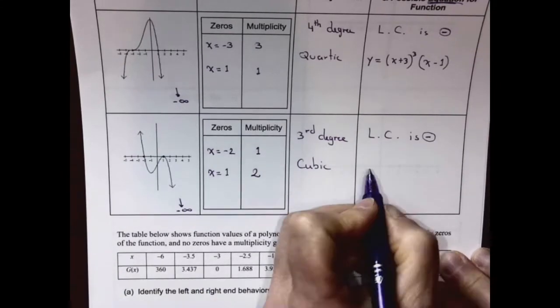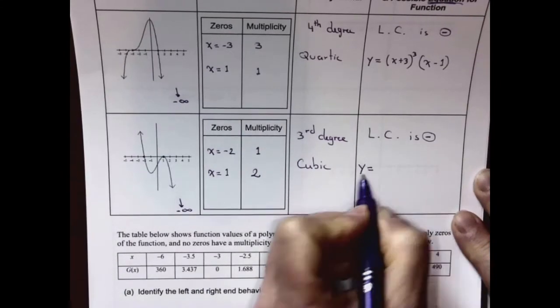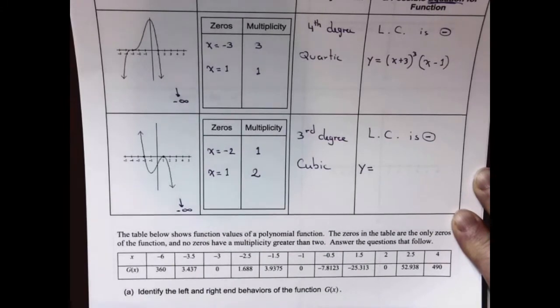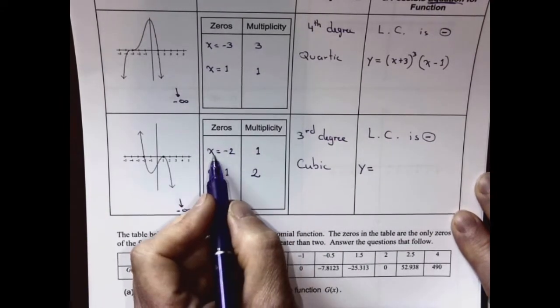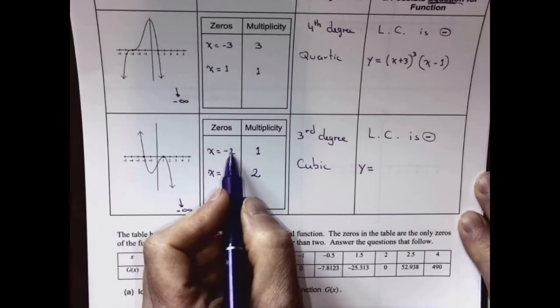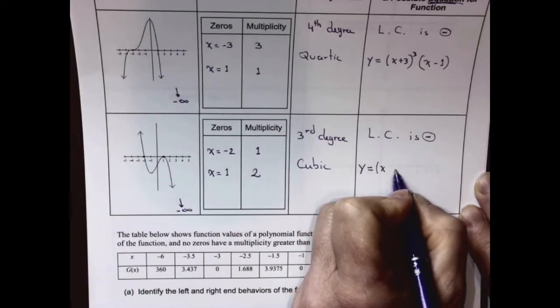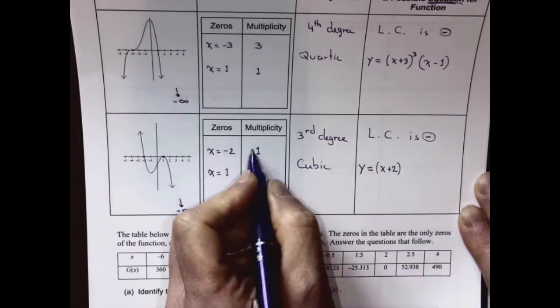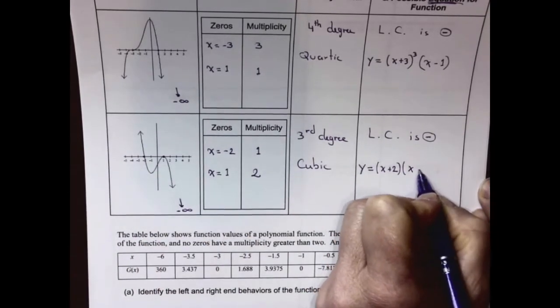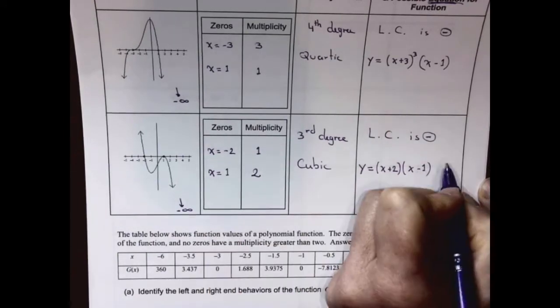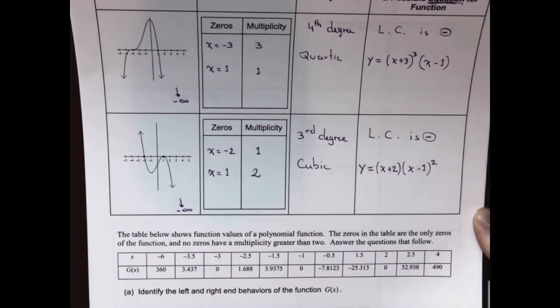And now a possible equation, so remember we need an equation, so I need an equal sign. y equals, and I'm just going to use my zeros. So x equals -2 becomes x plus 2 as a factor, multiplicity of 1, so no exponent, and this one becomes x minus 1 with a multiplicity of 2.